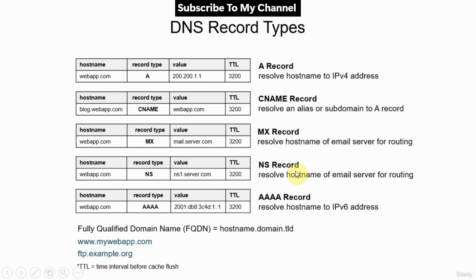So this is really the records of the authoritative servers, the name servers themselves. And for webapp.com, it might be something like ns1.server.com. And finally, there's the AAAA records for IPv6, and this is just the same thing. Web app just resolved to an IPv6 address record for that domain. And that's basically all there is to DNS records.